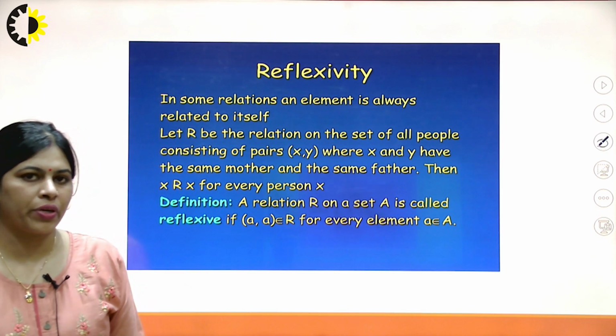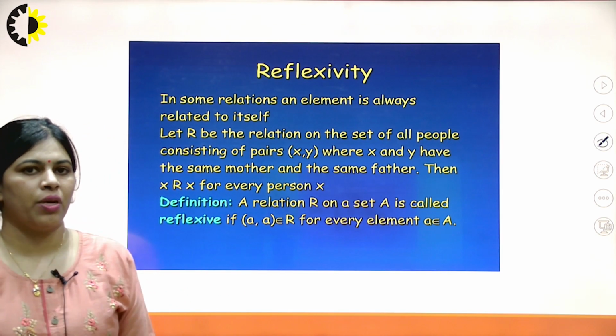So the first property of a relation is reflexive. What do you mean by reflexive?